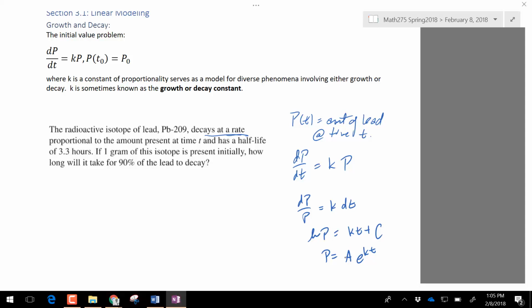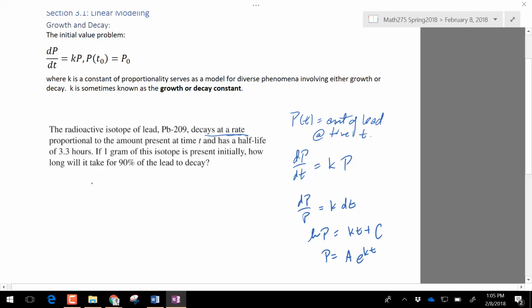So these things usually require us to solve for k, and the information about the half-life, or the information about some sort of marker in the process of the growing or decaying, will help us solve for k. So the half-life in this case is 3.3 hours. And what does that mean? It says that half of the amount will be gone in 3.3 hours.